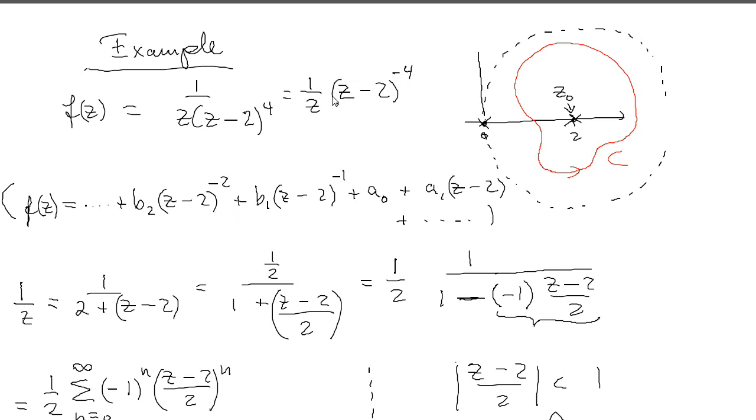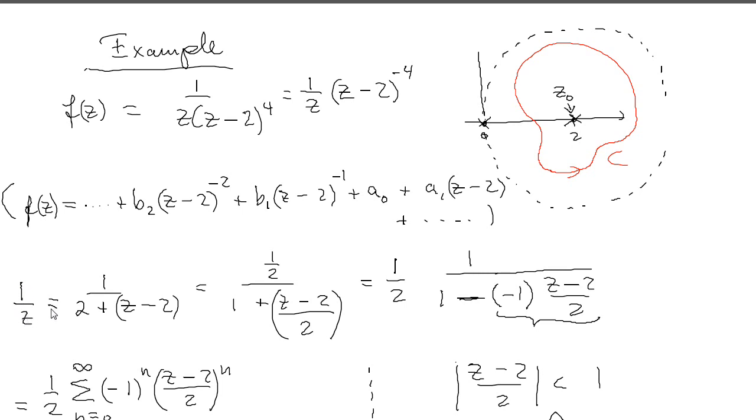So we do not need to do anything about this term. It's enough for us to first find the Laurent series expansion of this factor and then multiply this series with this one. Okay, I've done this trick many times before. It's a little bit difficult trick, but I'm doing it once more.